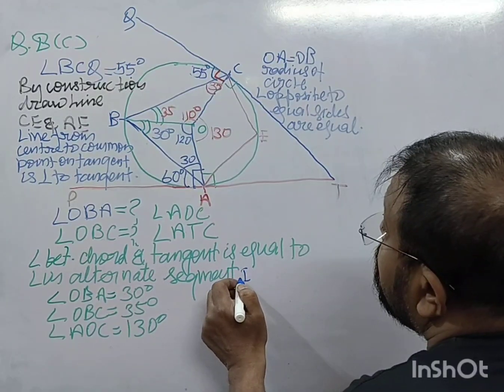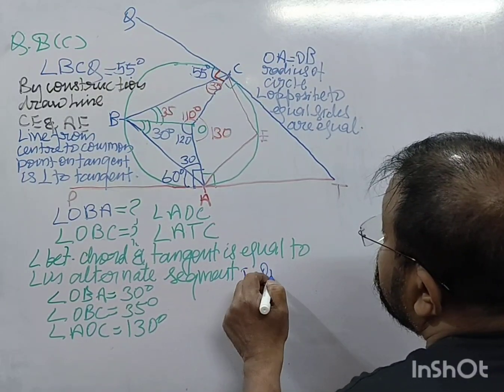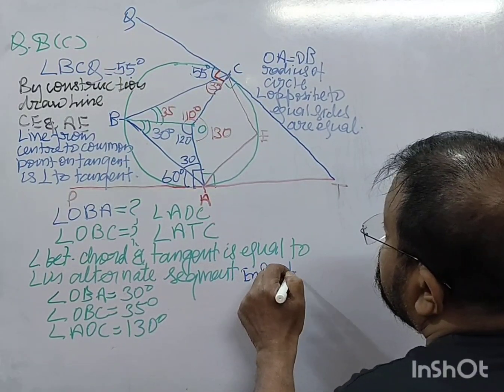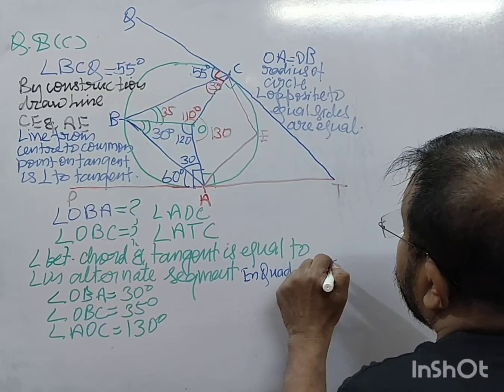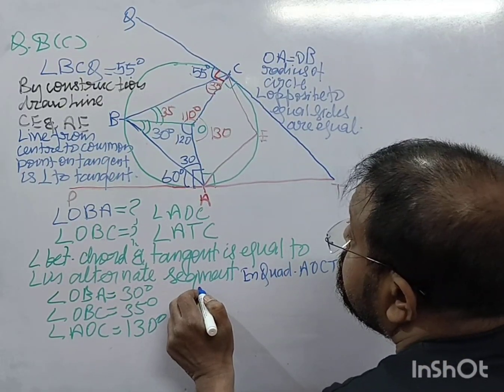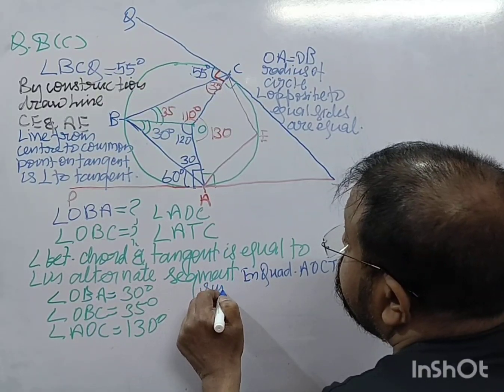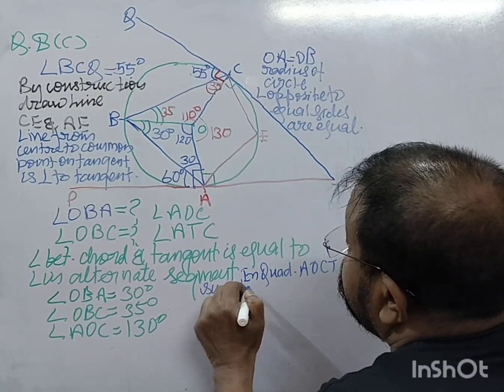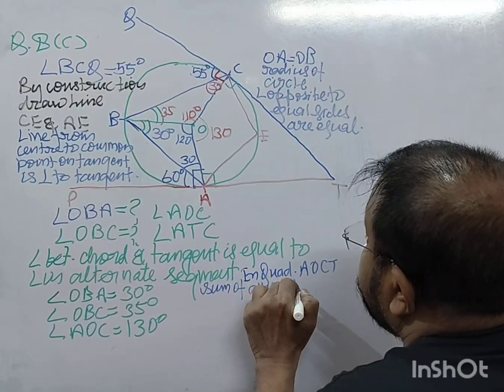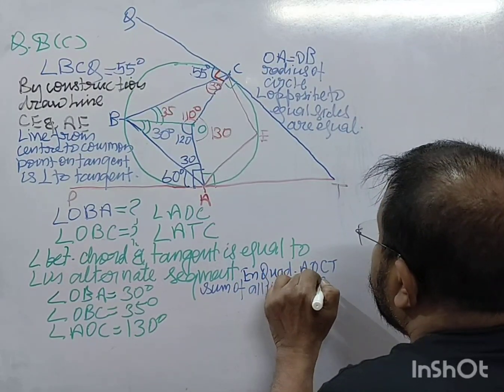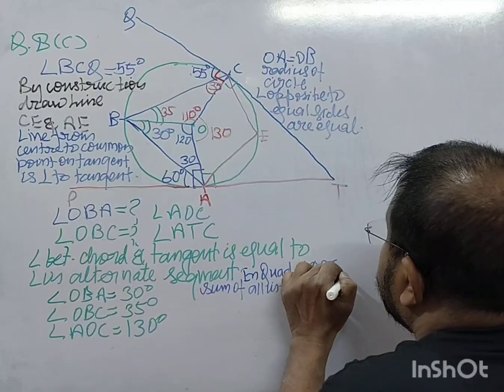So in quadrilateral AOCT, sum of all interior angles is equal to 360 degree.